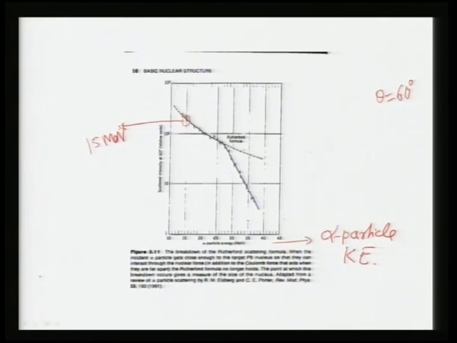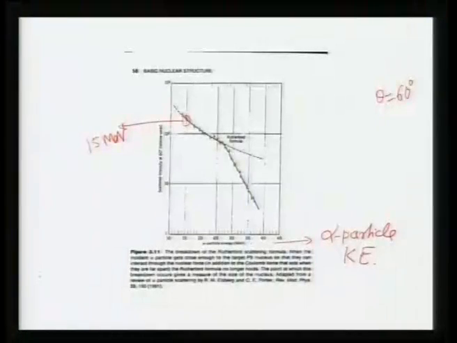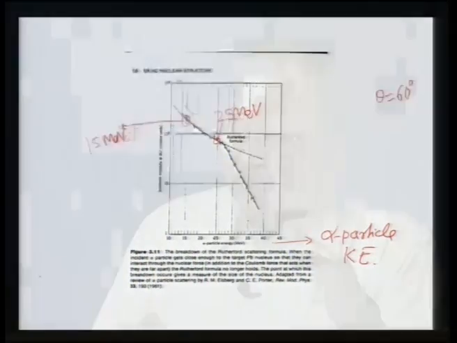So, at 15 mega electron volts kinetic energy, alpha particles are sent on this target, and at 60 degrees how many alpha particles are received in a particular time. Then the experiment is changed, say here it is 25 MeV. In this experiment alpha particles of 25 MeV are sent on the target, and at the same angle of 60 degrees how many particles are received in the same amount of time. So, that is plotted here.